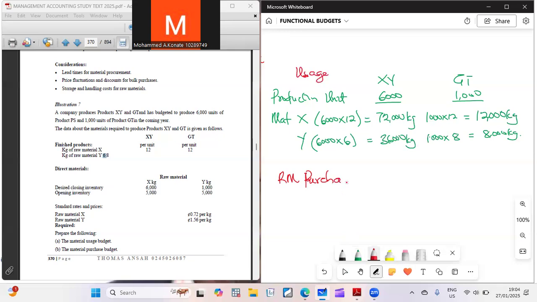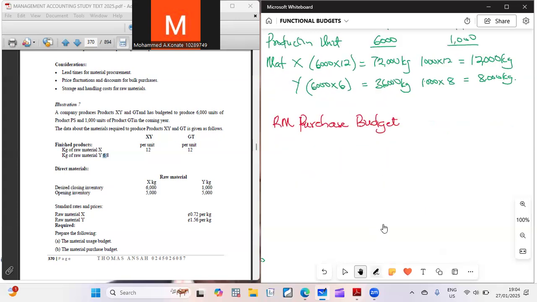If you want to know the raw materials purchase budget, and please be careful, the name is raw materials purchase budget. So what are the raw materials? We need material X and we need material Y. You see, I didn't put the product on top again. I have changed it to the material because we are doing the raw materials budget.